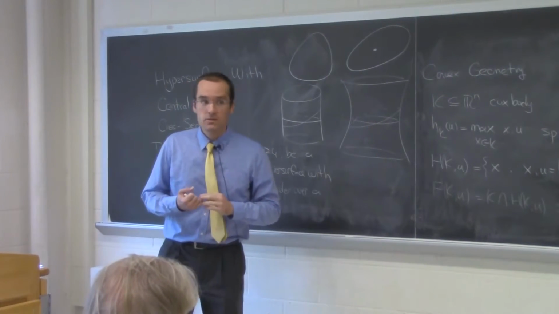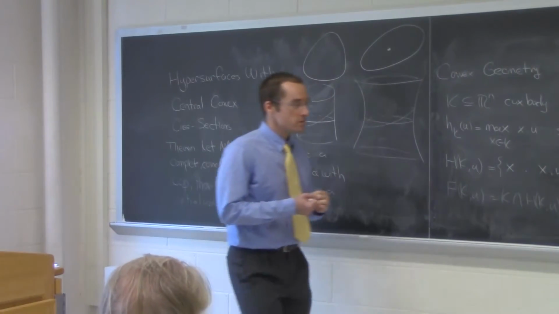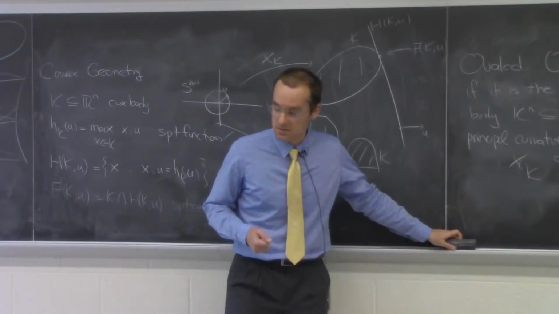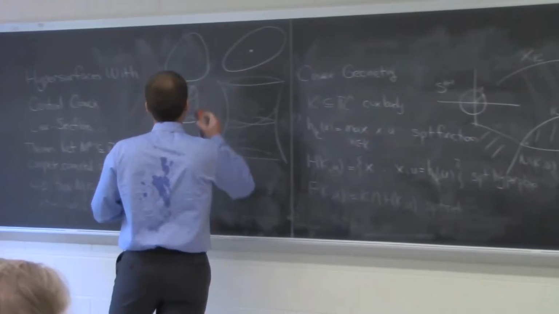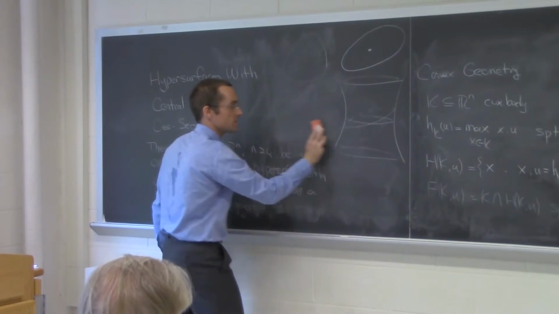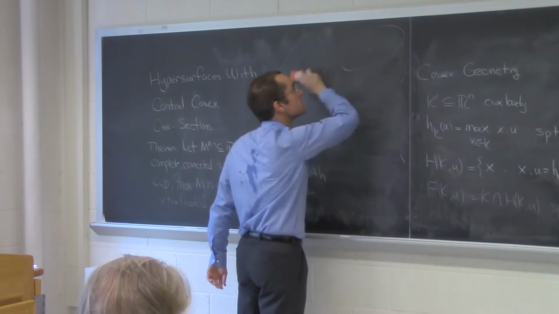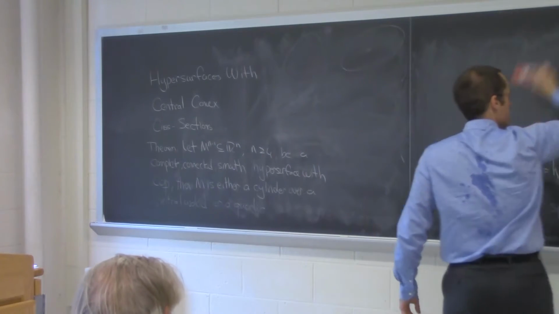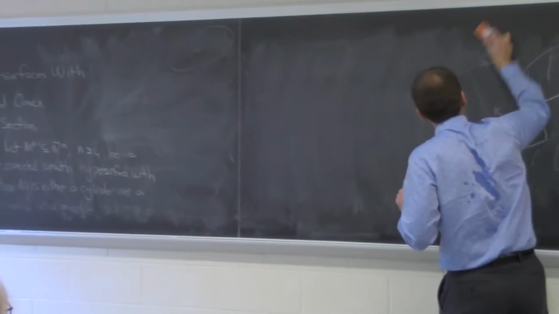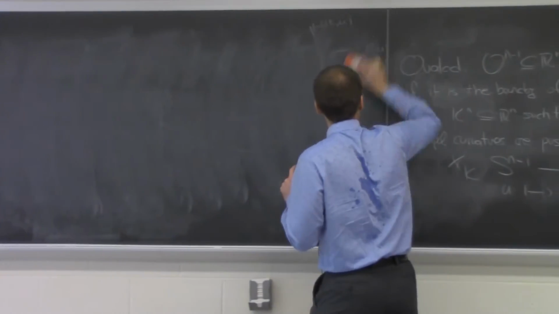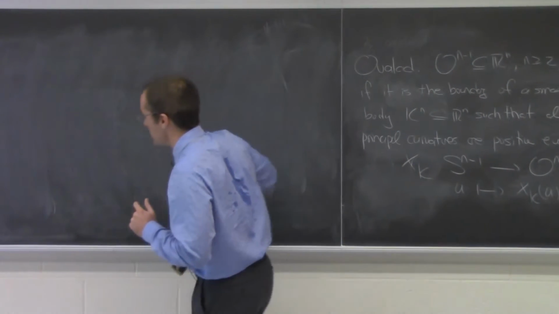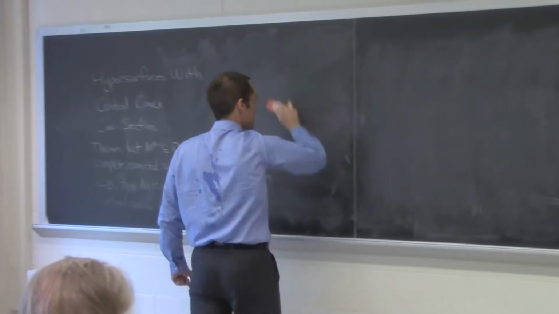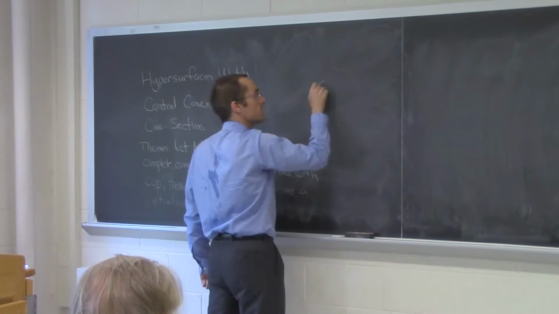So let me begin with the proof of this theorem, or the main steps. Let's describe the main steps of what one needs to do. The first thing I had to do is to classify the solutions of this differential equation.